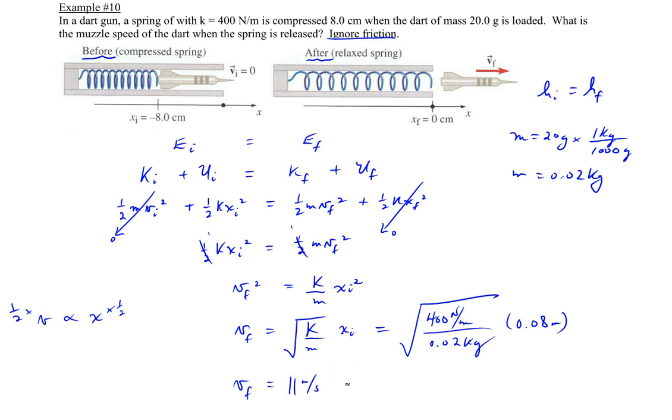Or what would happen if you change the spring constant? The speed is proportional to the square root of the spring constant, so if you were to quadruple that spring constant, then your speed would double. So it's important to come up to this point right here and see the relationship between all the variables. All right, that's it for this problem.